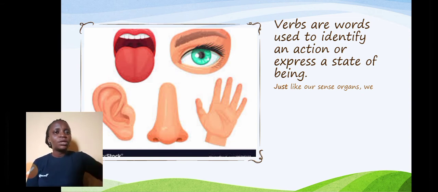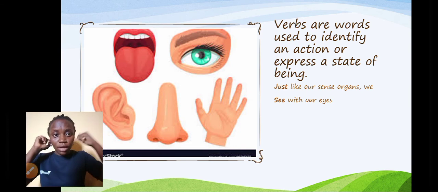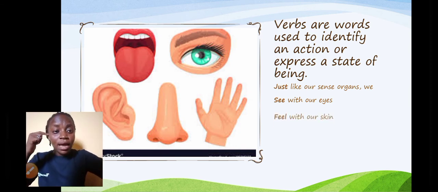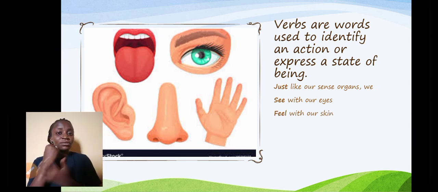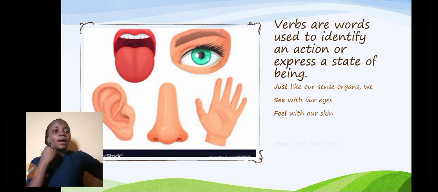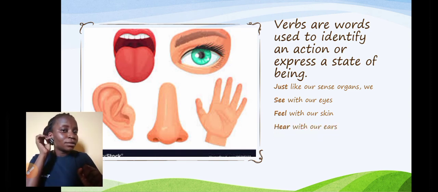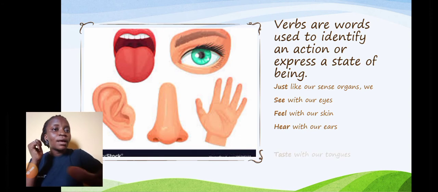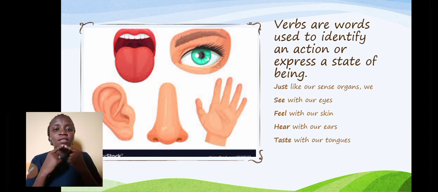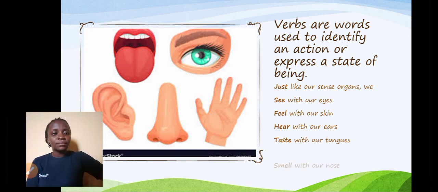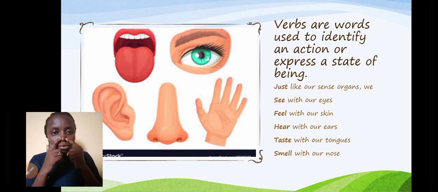Good. Now, just like our sense organs, we use our eyes to see, our skin to feel, our ears to hear, our tongue to taste, and our nose to smell.